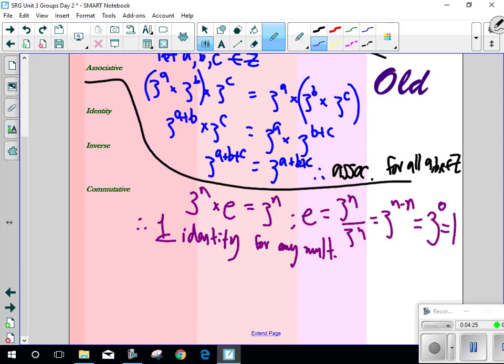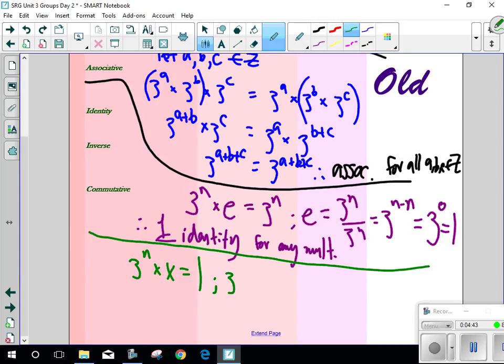And then the next thing that we're going to do is take a peek at 3 to the n. I thought this was kind of interesting. 3 to the n times x is equal to 1. So x is equal to 1 over 3 to the n. What's another way of writing that? 3 to the what? Negative n.